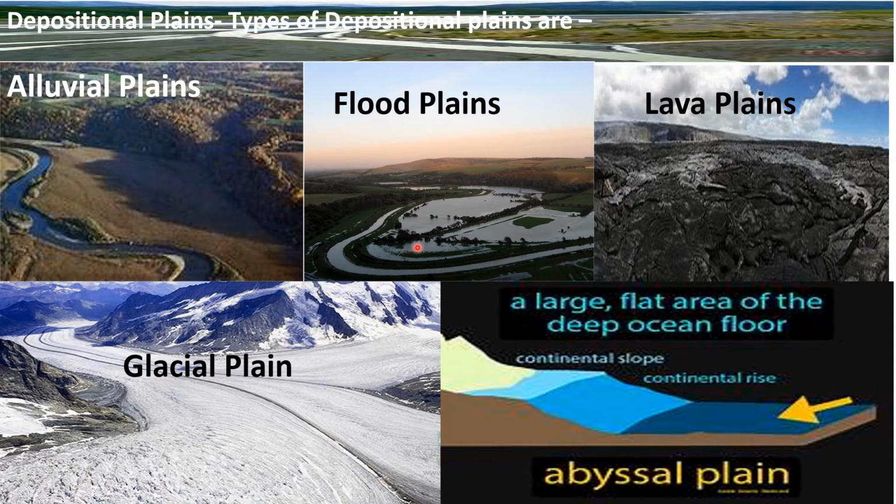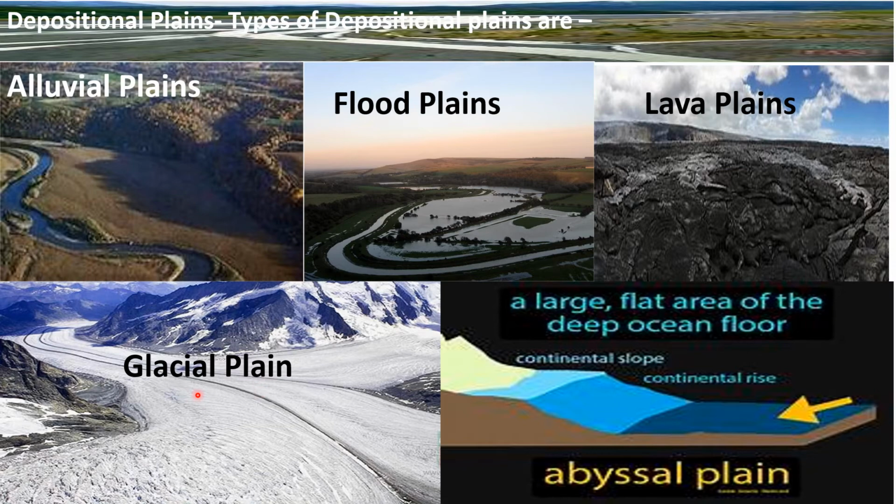Lacustrine plains means the plains near the lakes, which are formed in the lakes by the deposition of sediment. Then lava plain, as the name is, lava means the plains which are formed by the deposition of lava, and lava is hot molten material which comes out from the volcano.